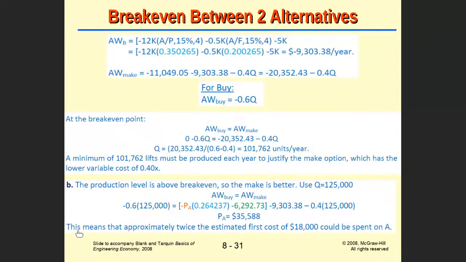And this is exactly what is explained here. This means that approximately twice the estimated first cost of the 18,000 could be spent on machine A. Meaning, if machine A is double the price, you still can go with that option, because the making option will still be the good option in that case.